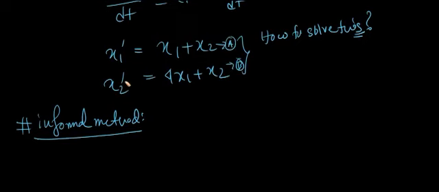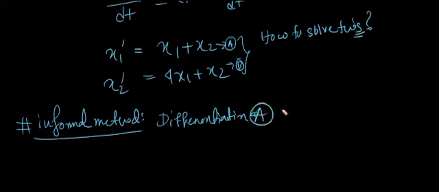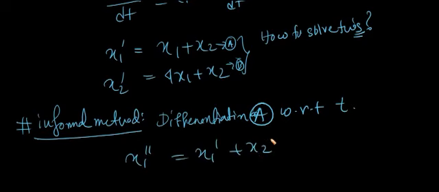Since you have this x2 prime in terms of x1 and x2, and you have x1 prime over here, what you can do is take another derivative of equation A. Differentiating equation A with respect to t gives me x1 double prime equals x1 prime plus x2 prime, right?